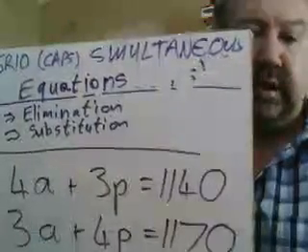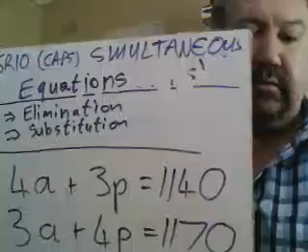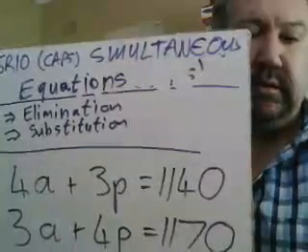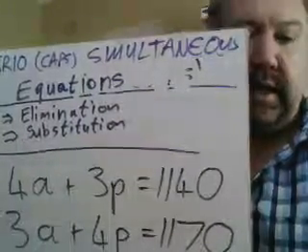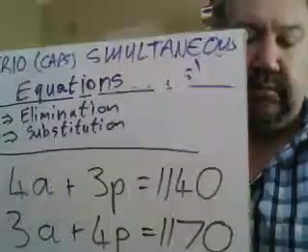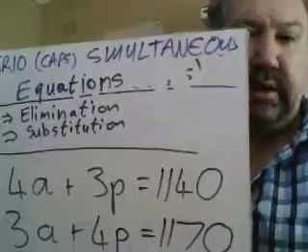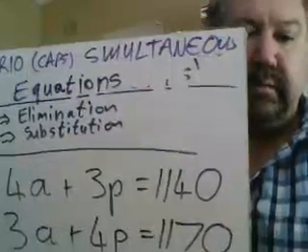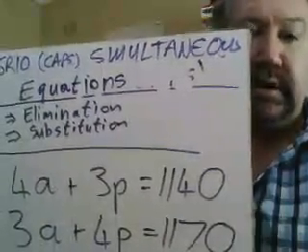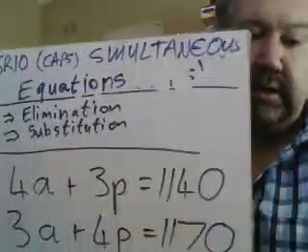So, elimination. That entails removing one of the variables by either adding or subtracting multiples of the equations to each other. And substitution is where you make one of the variables the subject of the equation and then substitute this back into the other equation.